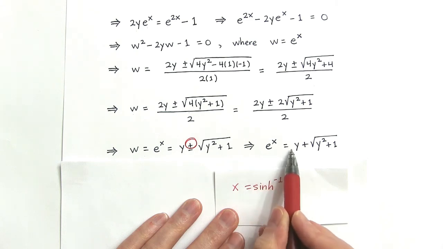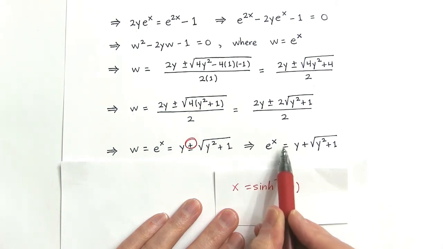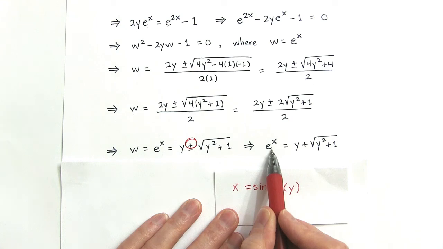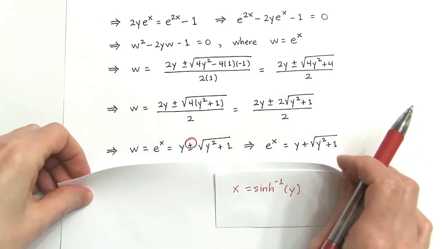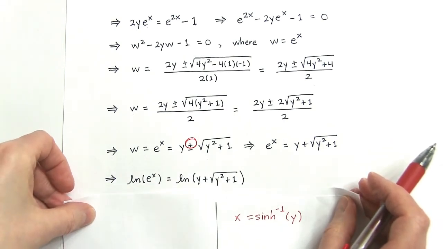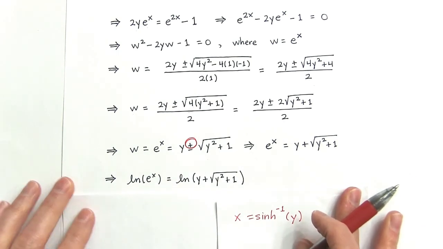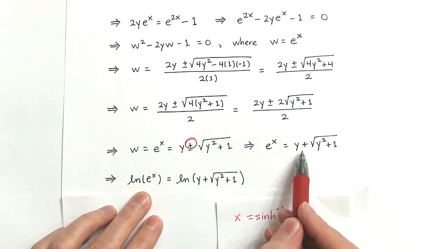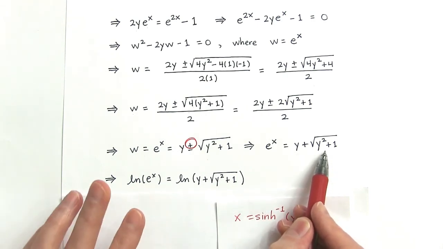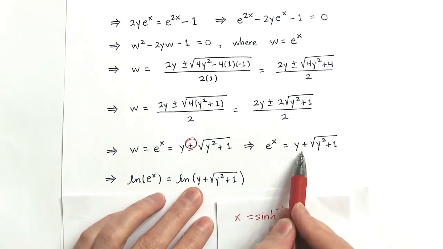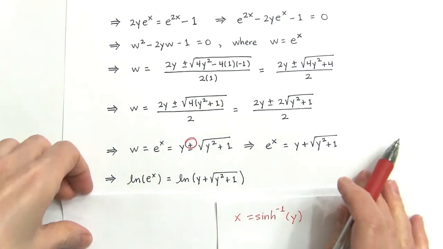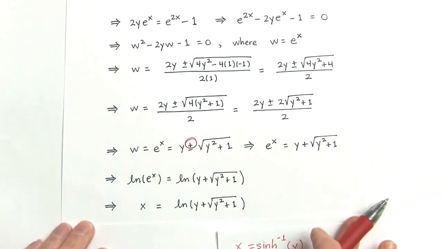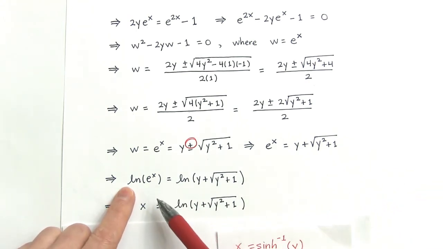So I can solve for x here by taking the log of both sides, and I'm going to get it like this. So if e to the x is equal to this quantity, then the log of e to the x is equal to the log of this quantity, but the log undoes the exponent, and the log of e to the x is just x.